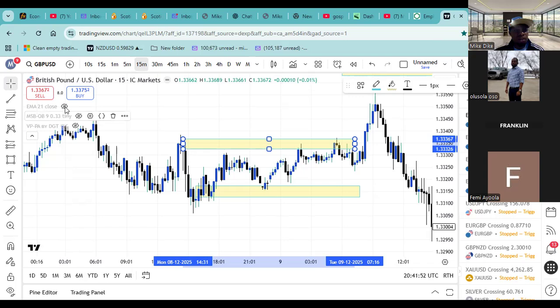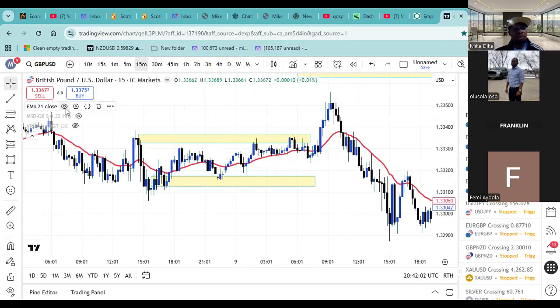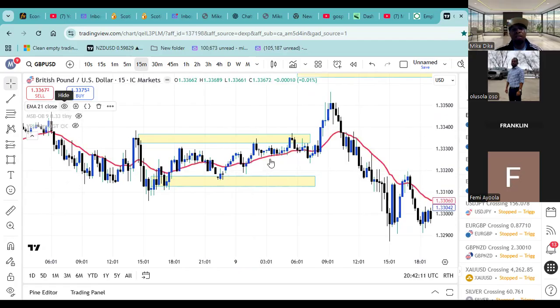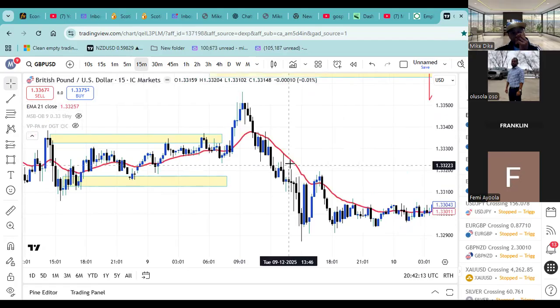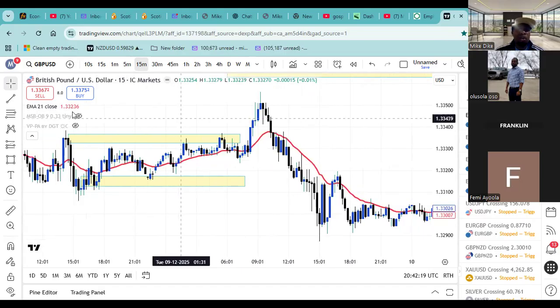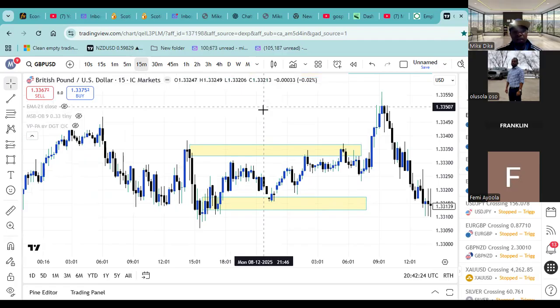If you look, you're going to see EMA here. This is the one I use, EMA 21. I don't usually put them on, I leave them closed. When I finish the analysis, I turn it on and see. If it's above the price, sell. If it's below, buy. So those are just confluences. It's not 100% all the time.